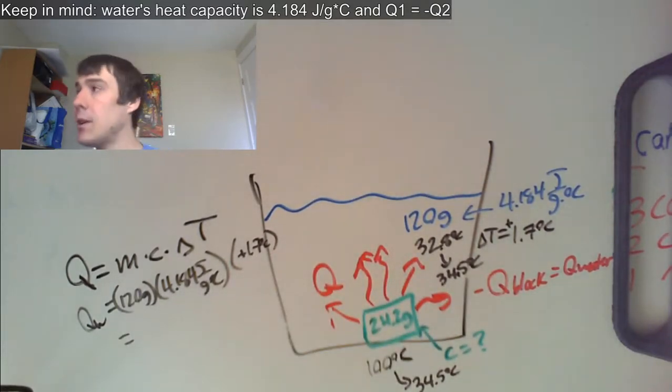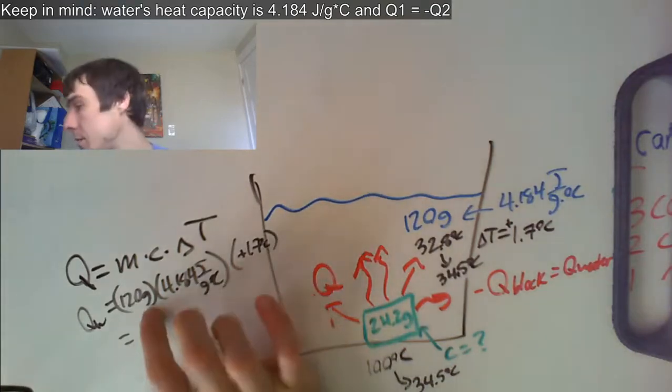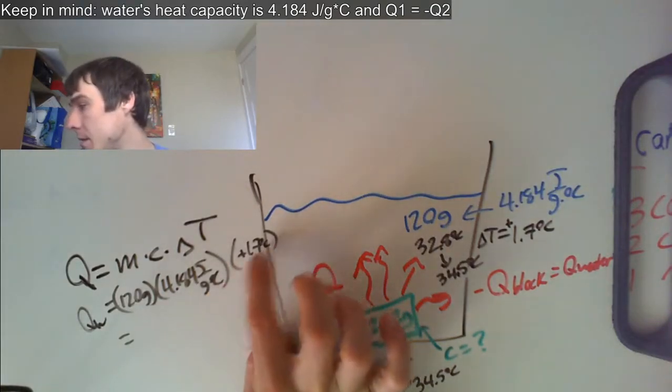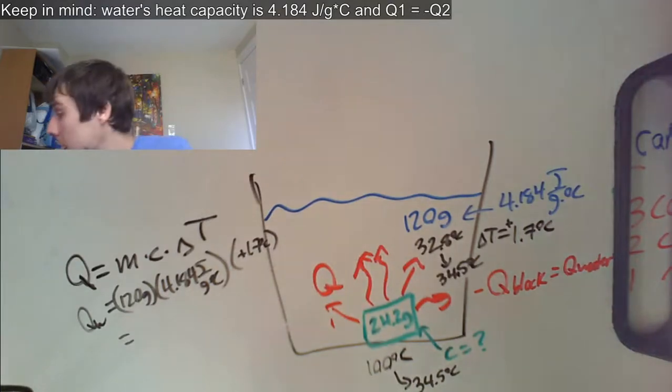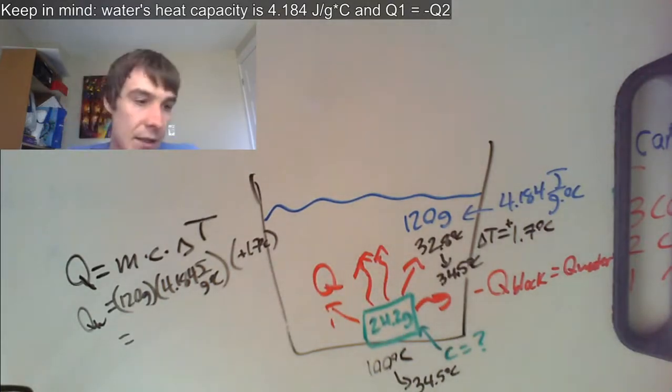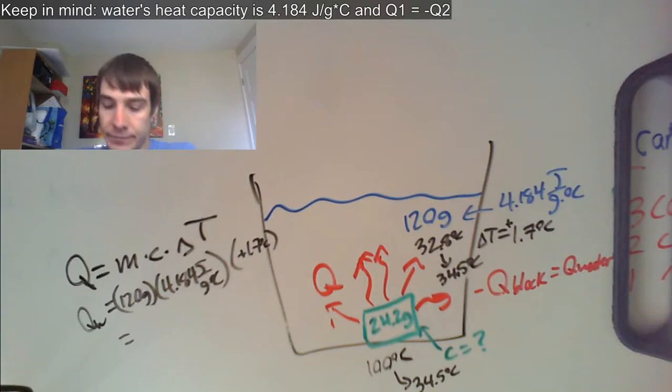Check that our units cancel out. Grams cancels grams, degrees Celsius cancels degrees Celsius. We were left with joules, so that's good. And we put it through a calculator: 120 times 4.184 times 1.7. I get 853.5 joules.